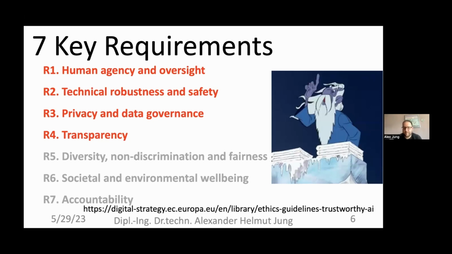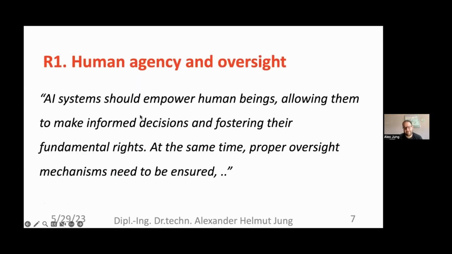So it was very important for me to show you this slide today. I will focus on the first four requirements, which are human agency and oversight, technical robustness and safety, privacy and data governance, and transparency. The other three, I cannot really tell much about because I'm still trying to understand exactly what they mean. But for the first four, I have some idea because it's related to engineering.